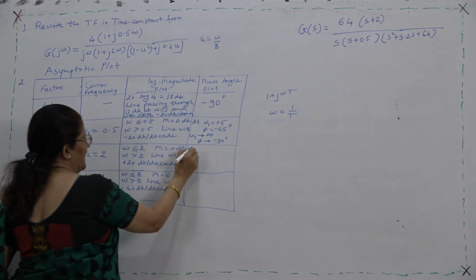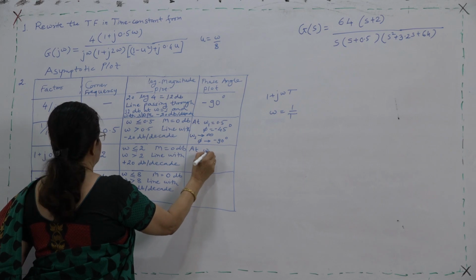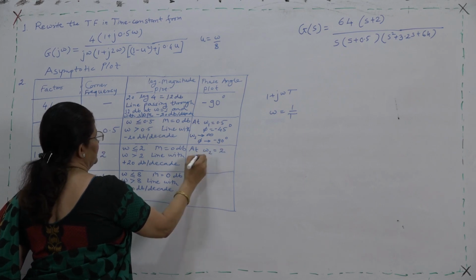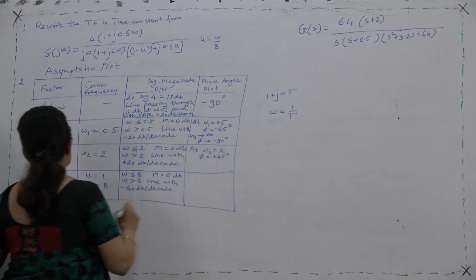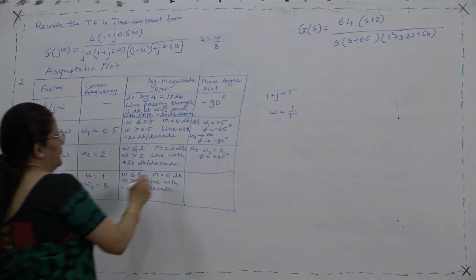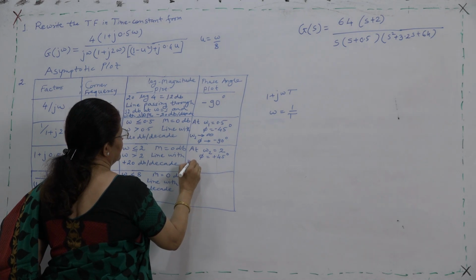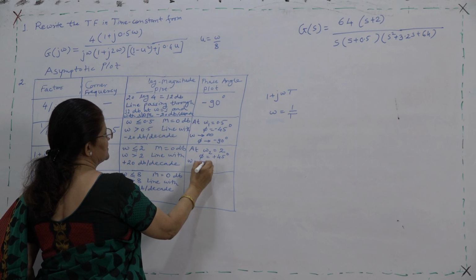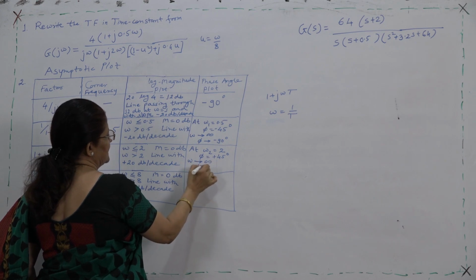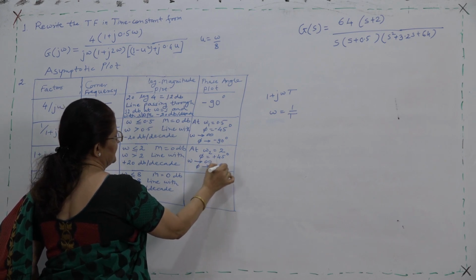Here at omega 2 is equal to 2, phase angle is plus 45 degrees, because this is at the numerator term, and as omega tends to infinity, phase angle will tend towards plus 90 degrees.